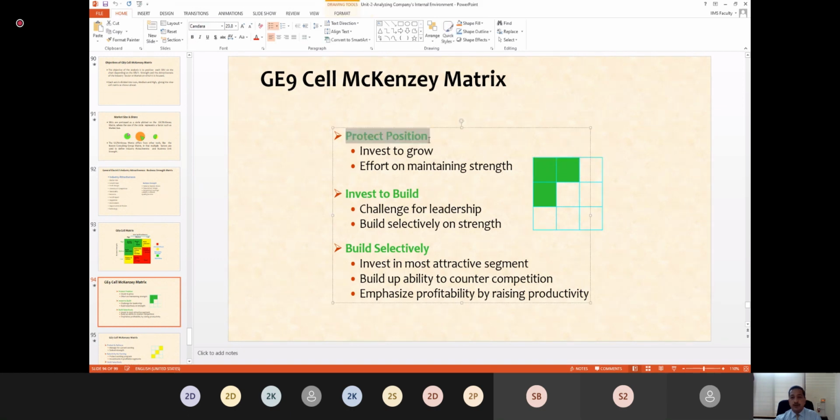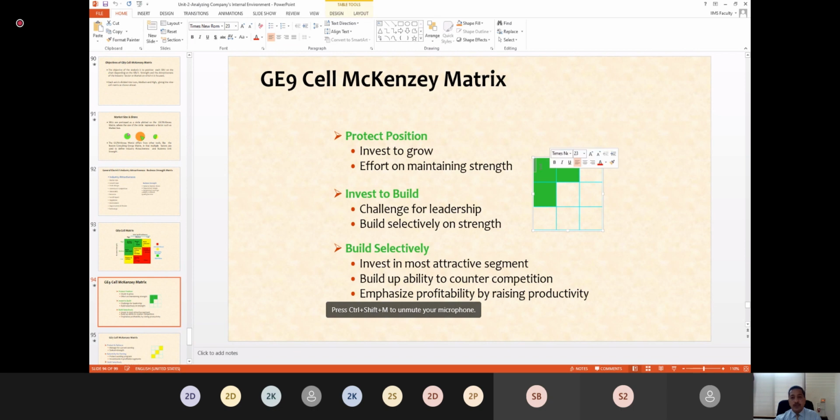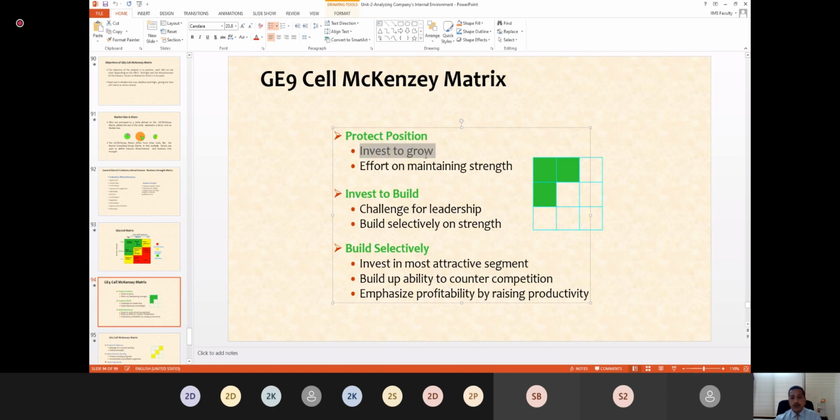First is protect position, which is the first cell, wherein the industry attractiveness is very high and the business strengths are also very high. So here what we can do is invest as many resources as possible and make an effort to maintain the strength.